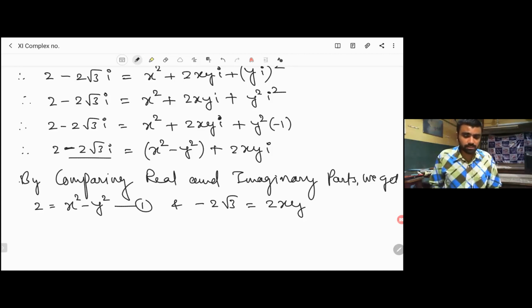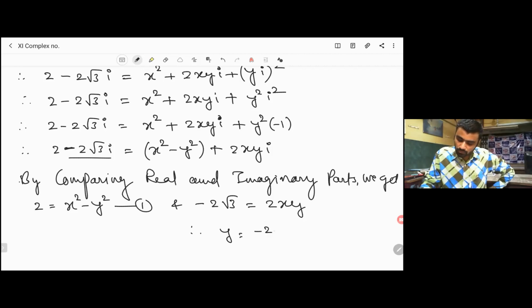So you need to consider the sign along with that when you compare your imaginary term, because sign is important. सो यहाँ हम पहले तो y का वैल्यू लेके उसमें फर्स्ट में सब्स्टिट्यूट करेंगे. So y is equal to minus 2 root 3 upon 2x, and this 2 is going to be cancelled. So the y value is minus root 3 upon x. इसको आप नंबर 2 ले लीजिए and put 2 in 1.